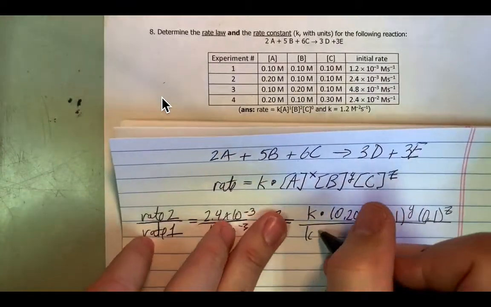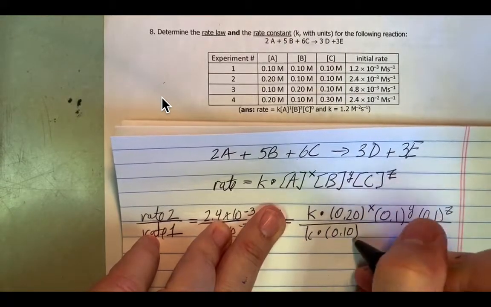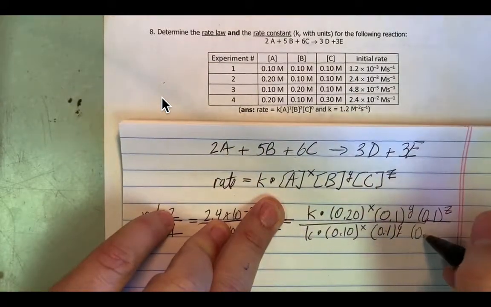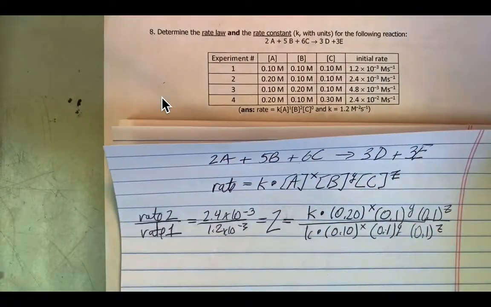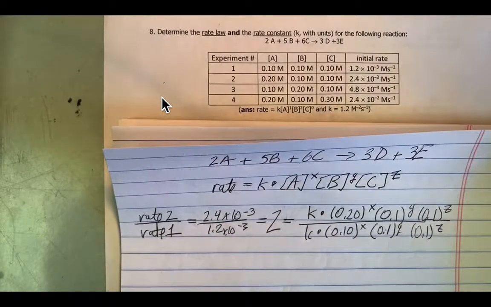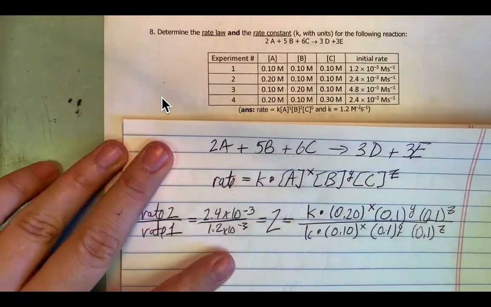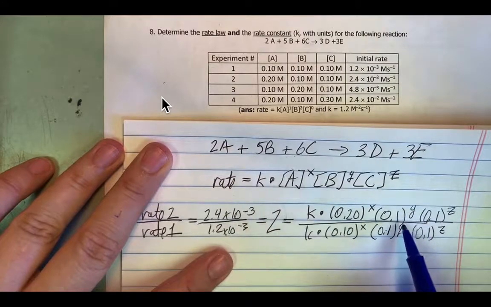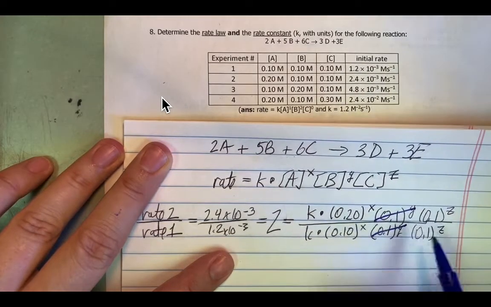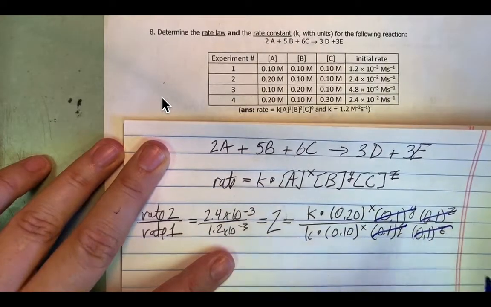Okay, and then rate 1 is equal to k times concentration of A to the X, concentration of B to the Y, concentration of C to the Z. All right, well, this is where the magic happens: we've picked these such that regardless of the value of Y, since this value within the parentheses is the same, it cancels. So that gets canceled. This gets canceled. K is a constant, so it gets canceled.